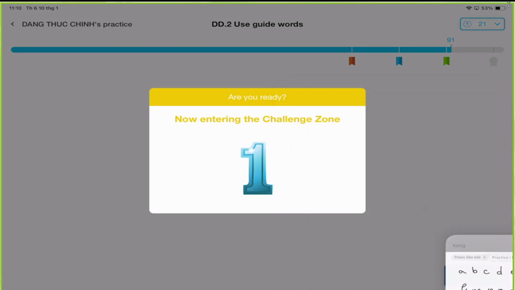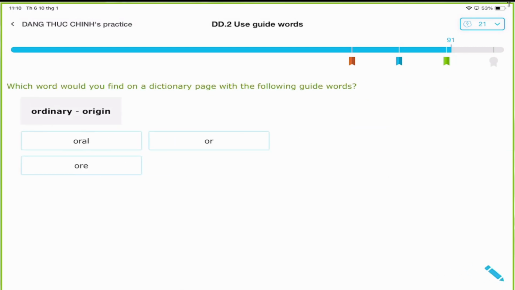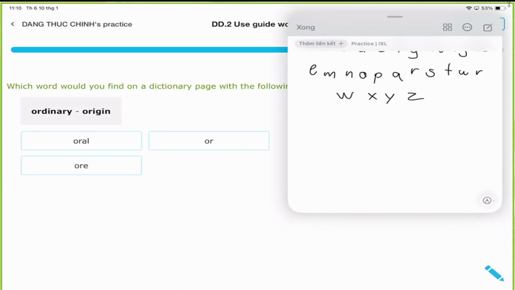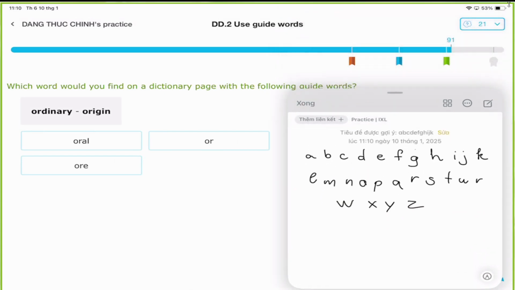Okay. We're in the challenging zone. D and I. Between D and I. A comes before, so no. R, there is nothing after R. So I think every letter. No wait.